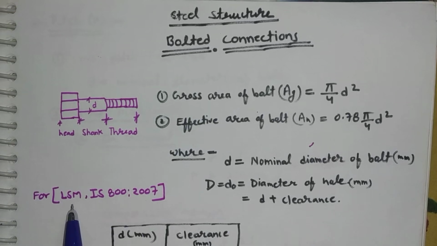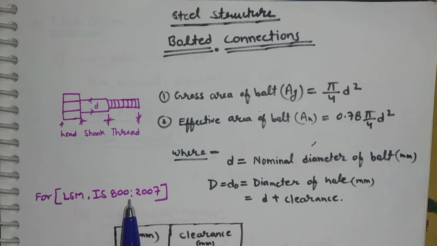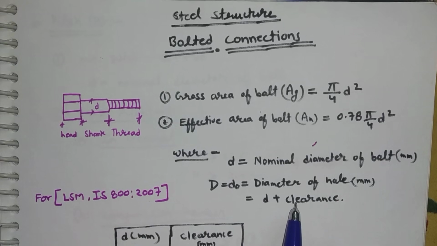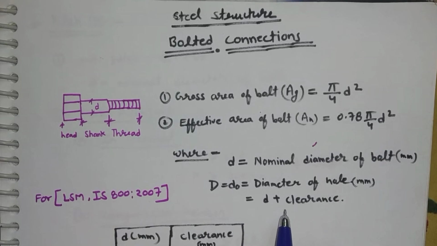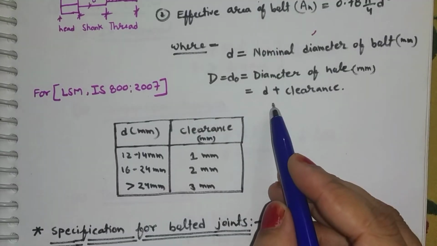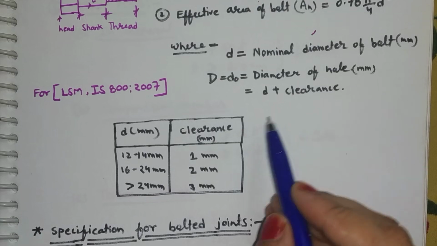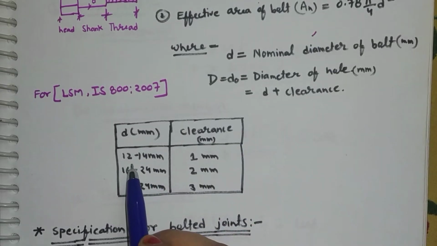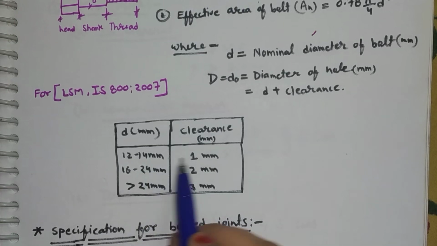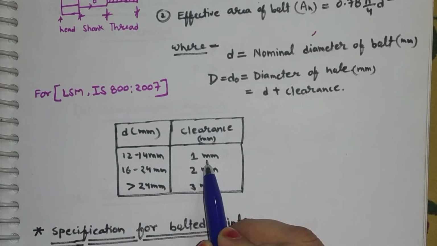For the limit state method we use IS 800-2007. In this code book we have some codal provisions. The codal provisions are as follows. For 12 to 14 mm diameter of bolt, we add 1 mm clearance for calculating the diameter of the hole.